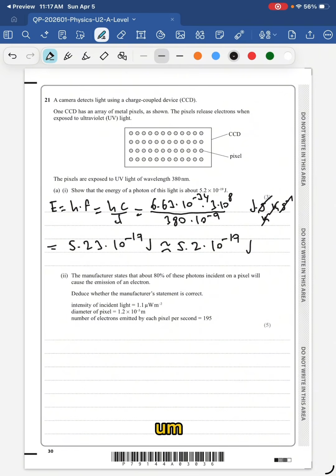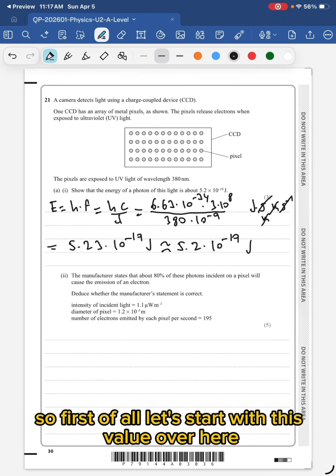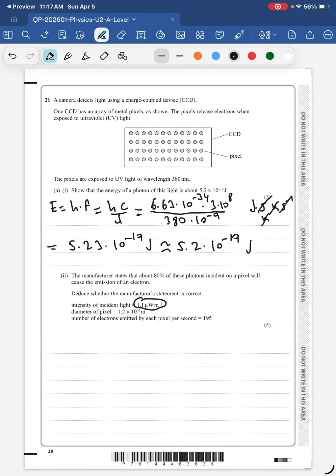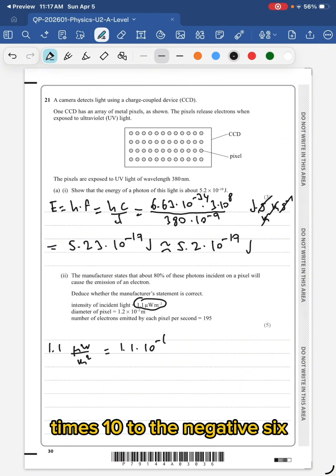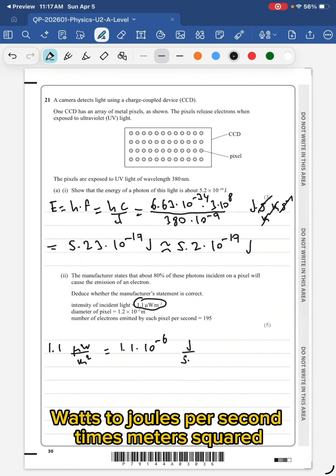Okay. So first of all, let's start with this value over here. 1.1 microwatt per square meter is equal to 1.1 times 10 to the negative 6, and I'm going to convert watts to joules per second times meters squared.